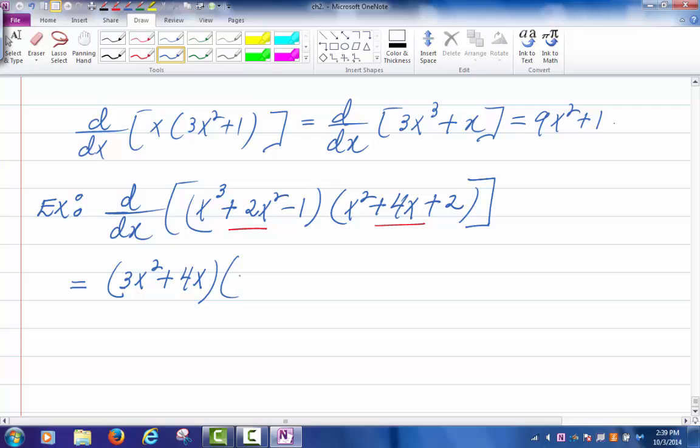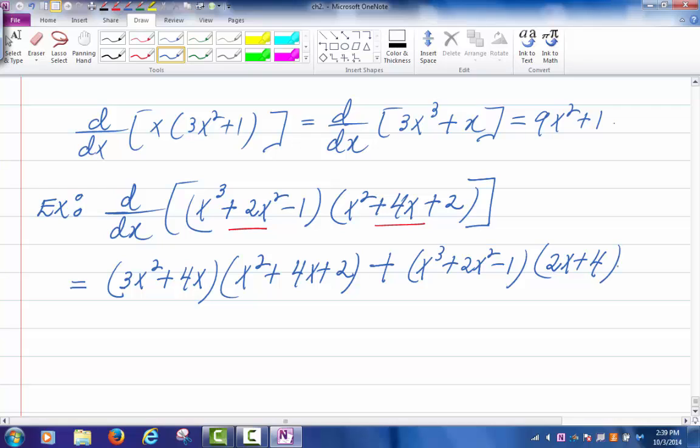You have to multiply that by the second factor as it is, and then plus you have the first factor as it is, and then you multiply by the derivative of the second factor. What is that? The derivative of the second factor is 2x plus 4.